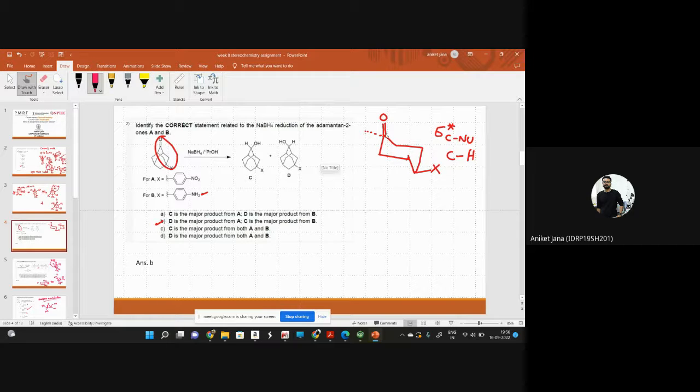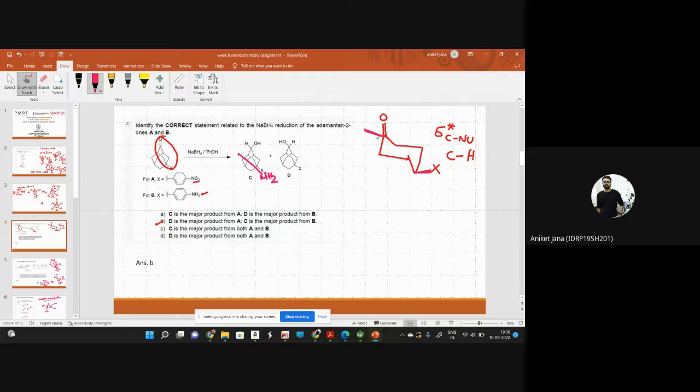So when there is an electron donating group, suppose NH2 is present here as X, meaning para amino benzene, then definitely the NH2 group has a better electron donating effect than nitro. Is that clear? Now forget about this part and only see the cyclohexane part: this bond is anti-periplanar with this bond.